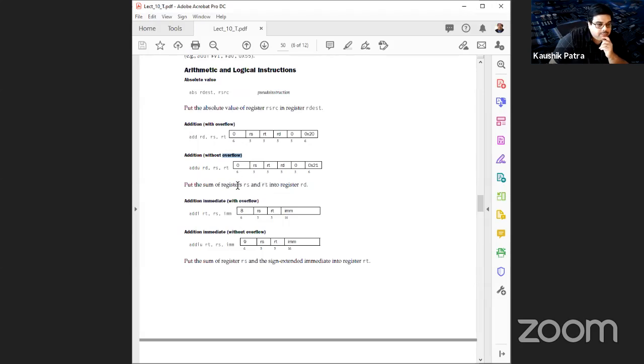So that means if you are adding two huge unsigned values, and that value can no longer be represented within 32 bits, you will get some answer, but you won't have an overflow exception from that instruction. That's what "without overflow" is saying. So it's basically equivalent to an unsigned addition.